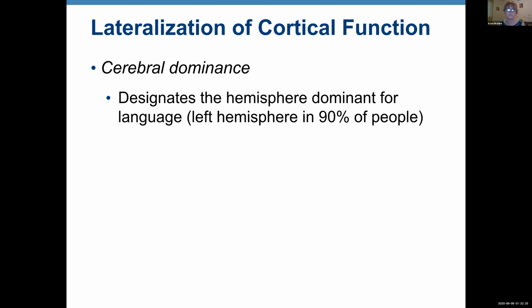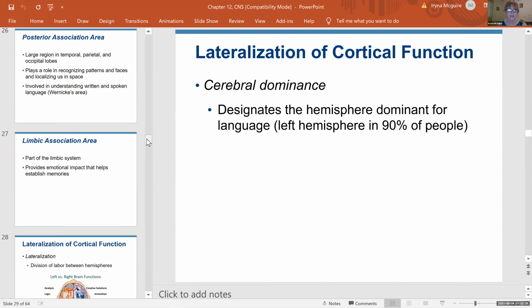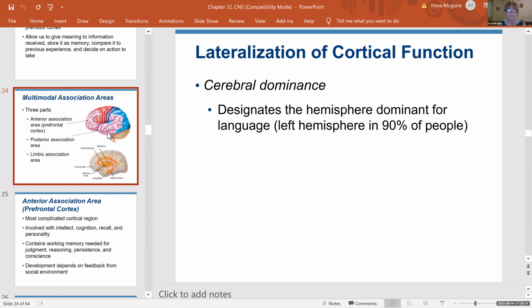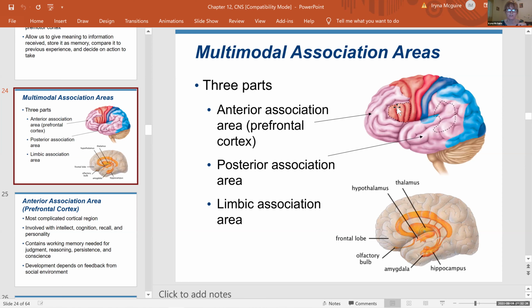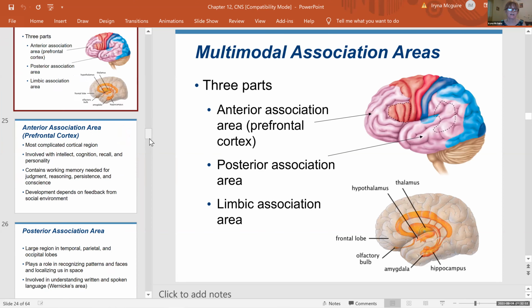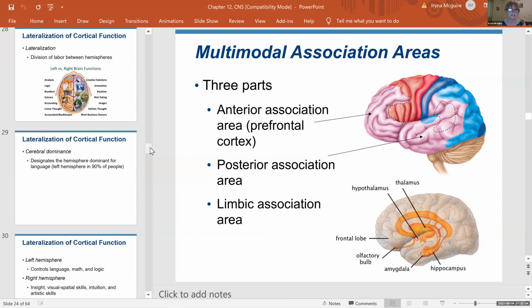If I'm left-handed, my right hemisphere is dominant, but that's not how it's determined. They actually need to find out where you have your Broca's area and Wernicke's area. So remember, that's Broca's, that's Wernicke's area. And in 90% of people, it's in the left hemisphere, so we have the left hemisphere as the dominant hemisphere. But 10% of people have it in the right hemisphere, right?